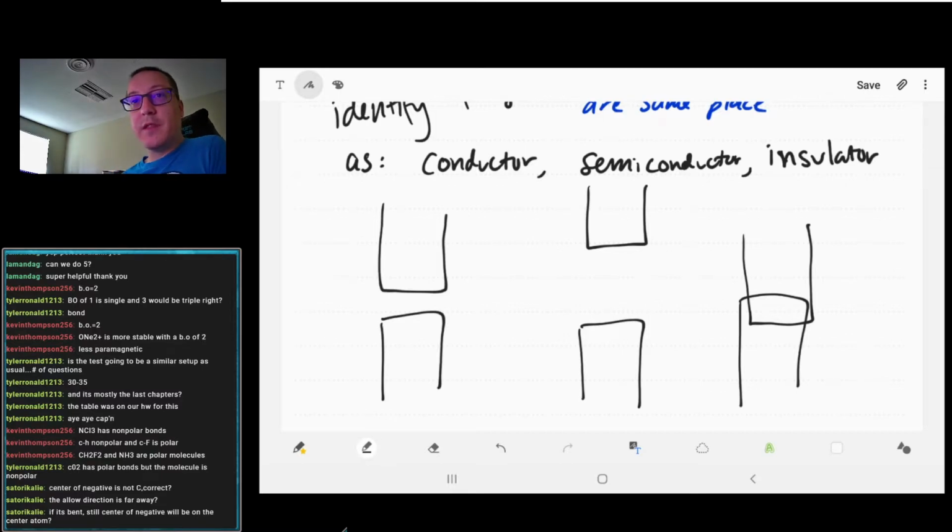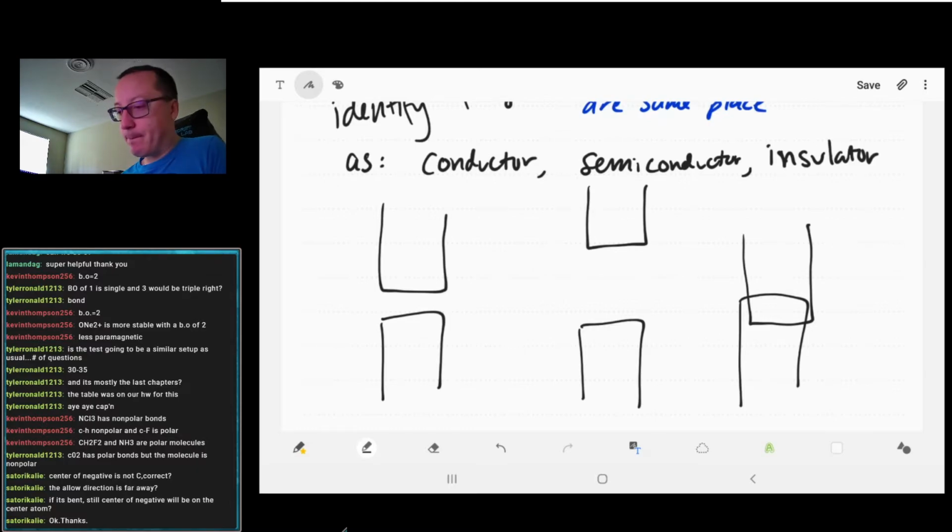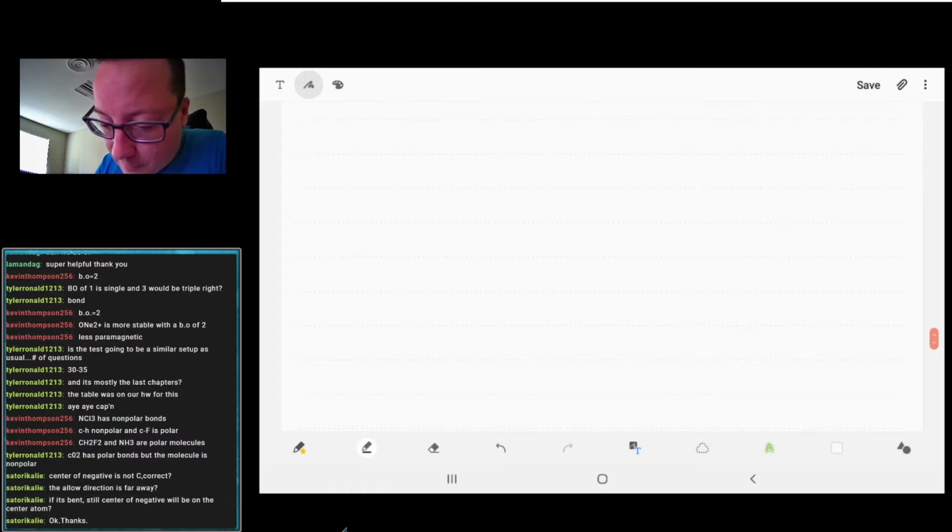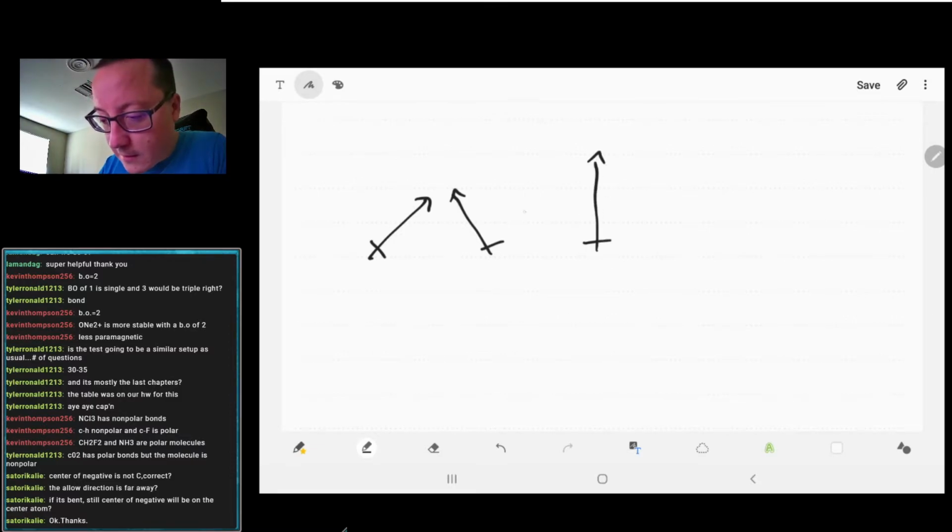It'll be above the center atom. Well, if we're just looking at the dipoles, if we add those up, we get one that is like this.